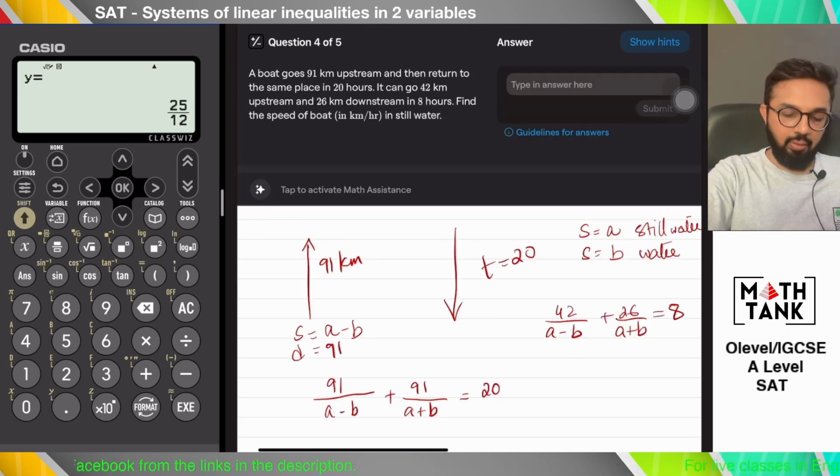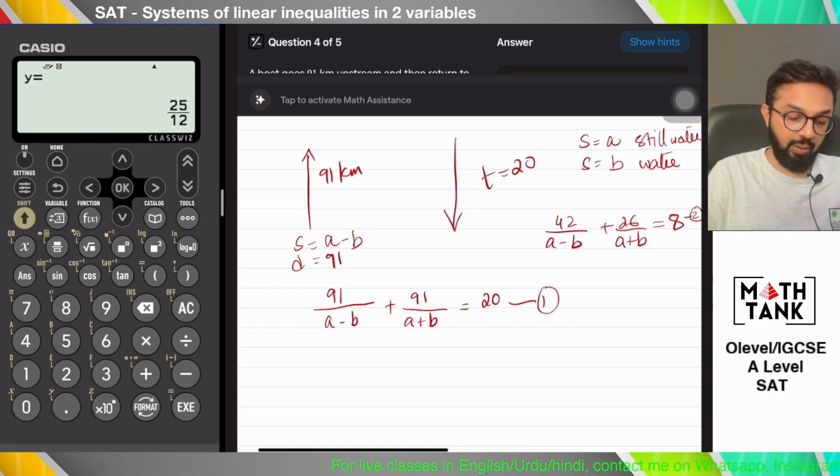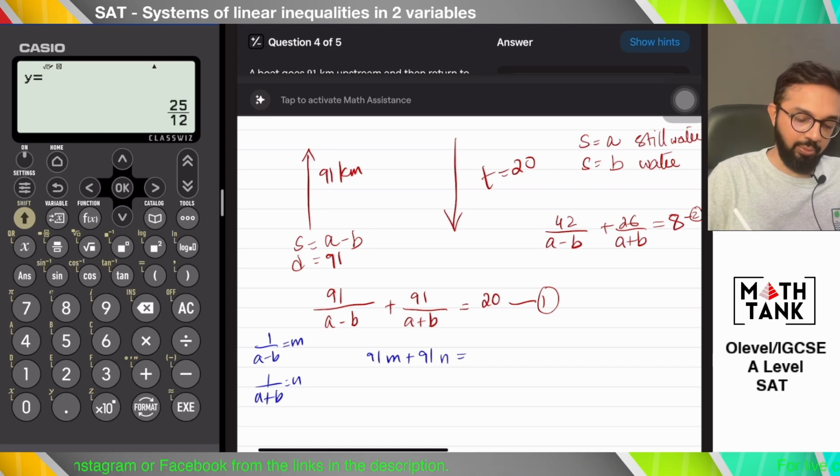Okay. Now I have a pair of simultaneous equations. This is equation number one, equation number two. Now there's an easy way of solving these equations if I use a small substitution. Let's call 1 over A minus B as M and 1 over A plus B as N. So I get 91M plus 91N equals 20, and I get 42M plus 26N equals 8.